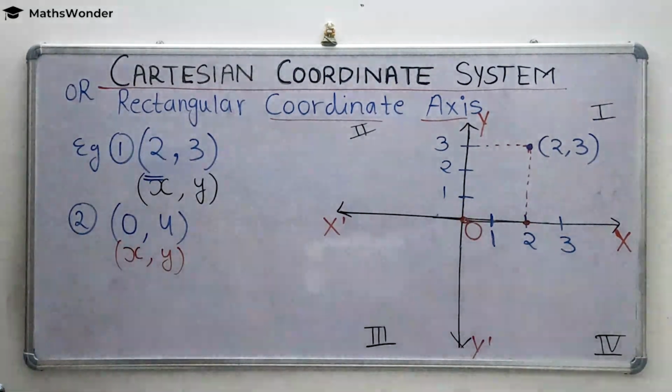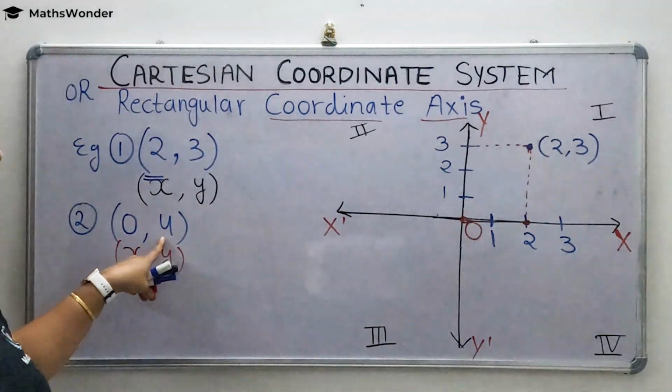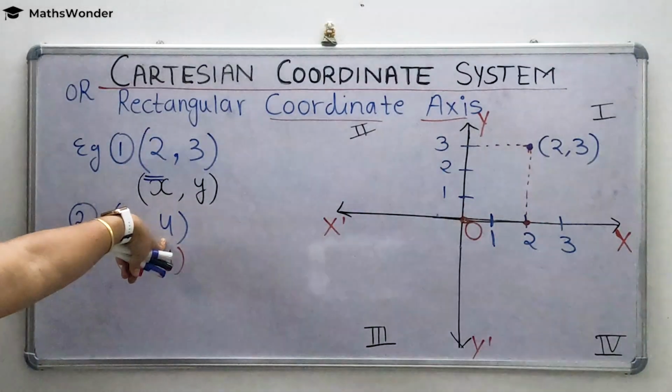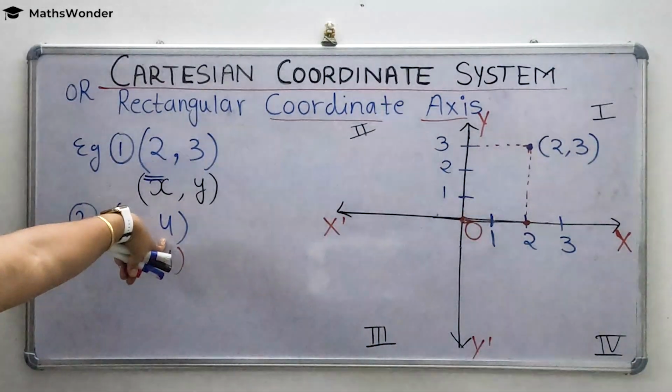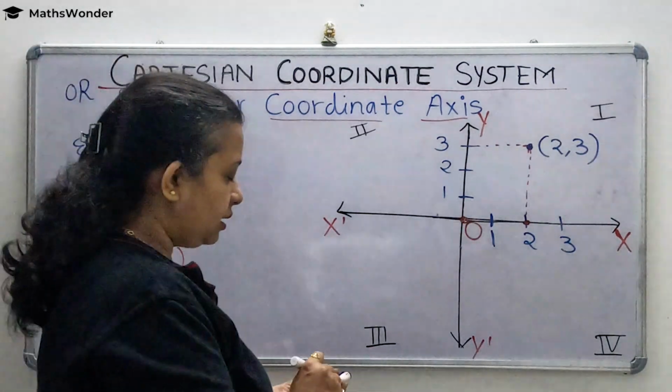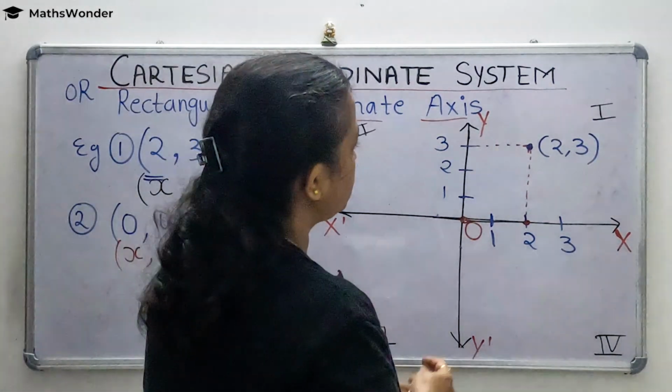There is no difference, right? But check 4. 4 is where? The horizontal line that crosses the y-axis at 4. Now we need to draw the 4 also here.